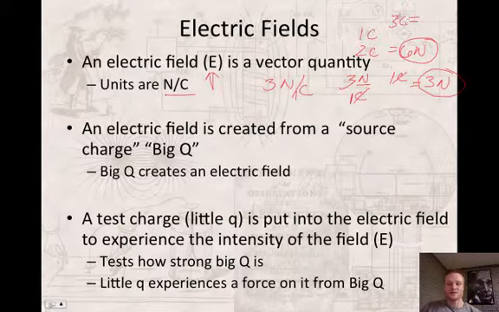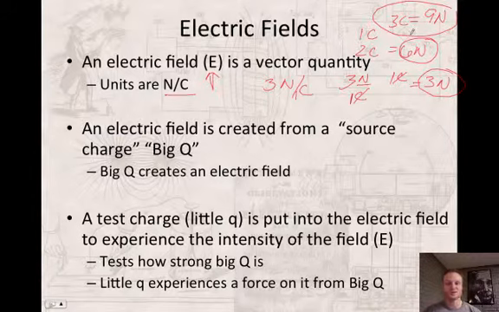A 1 coulomb was 3 newtons, a 2 coulomb was 6 newtons, so a 3 coulomb would have to be 9 newtons. I really think those units are useful in telling you what an electric field really means. It's a way of saying how many newtons of force a charge would feel in this electric field per coulomb.